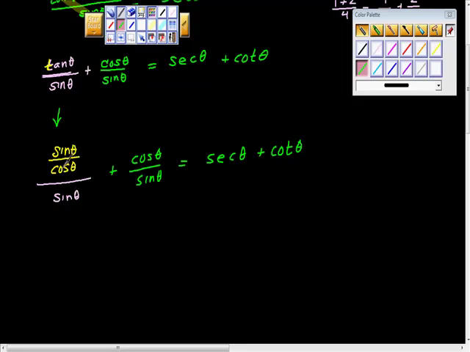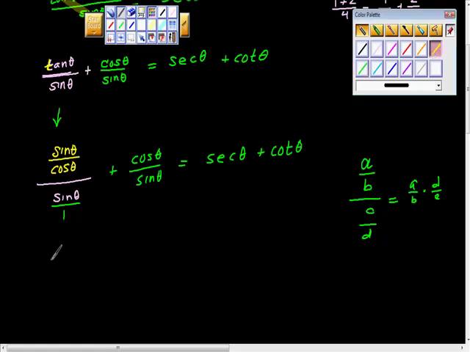So look at this for a second, if you don't mind. This is sine theta over cosine theta over sine theta over 1. And what I know about this piece right here is that it's a complex fraction, and complex fractions come in the form a/b over c/d, and they're solved by taking the numerator times the reciprocal of the denominator. So I'm going to do that.